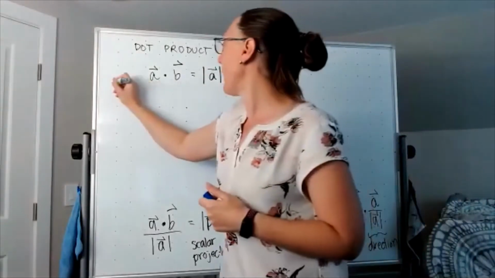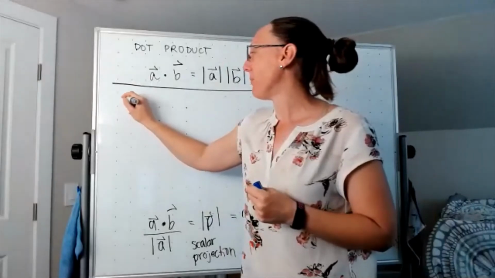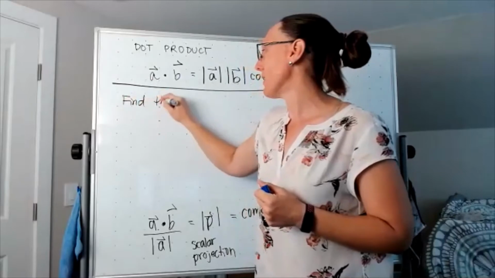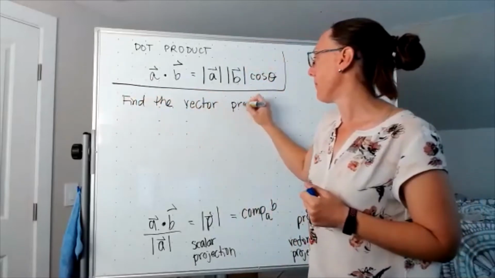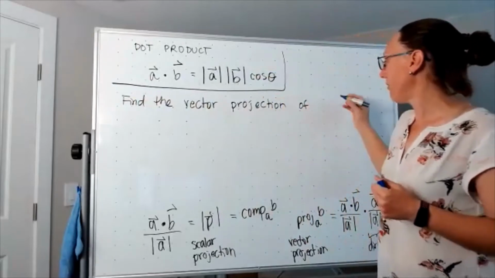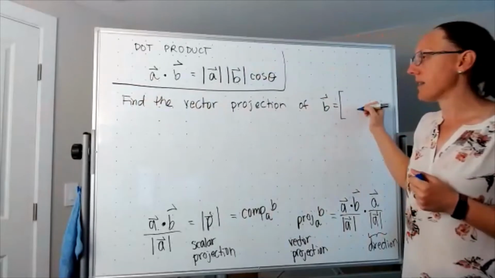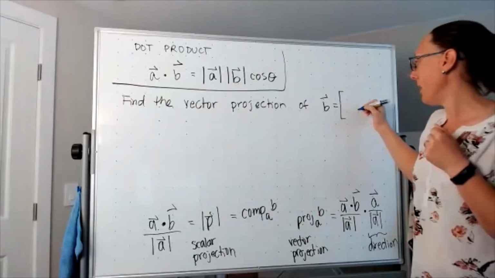So here's my actual question part. Let's find the vector projection of B. I'm going to start off by making this vector two-dimensional.